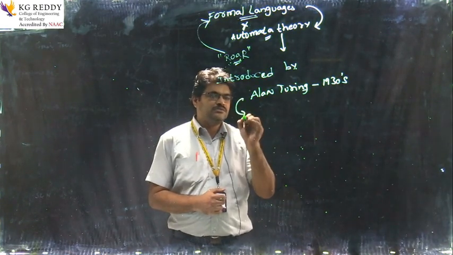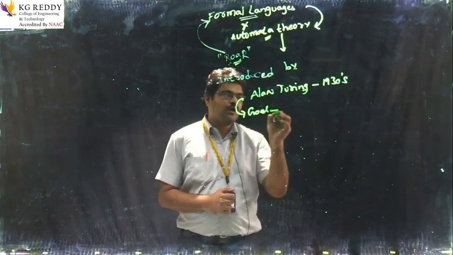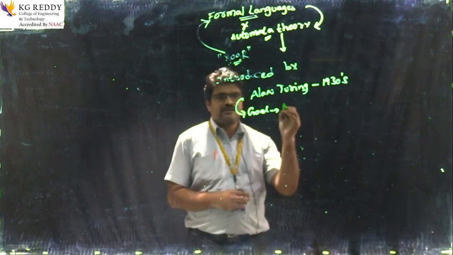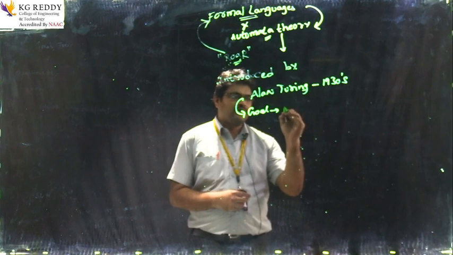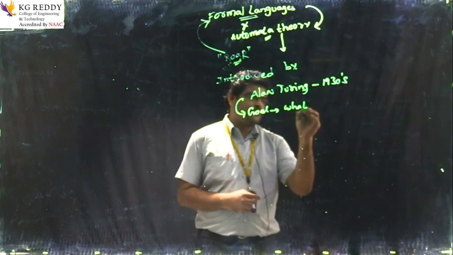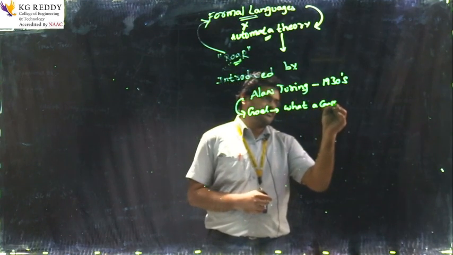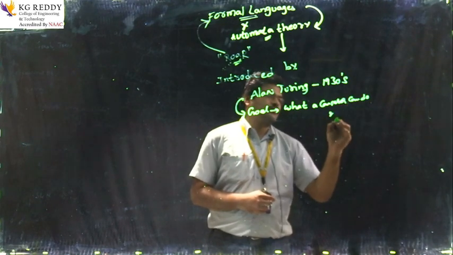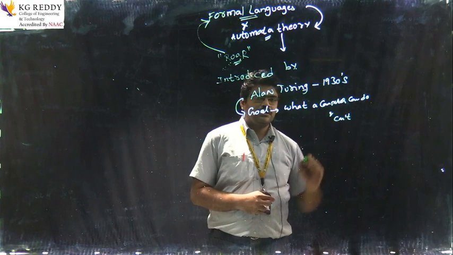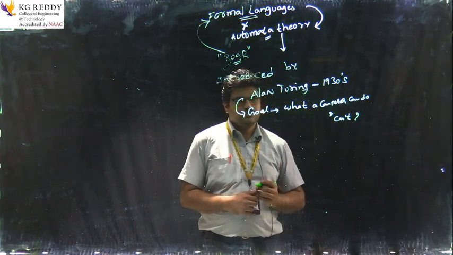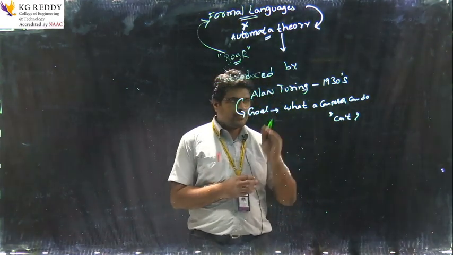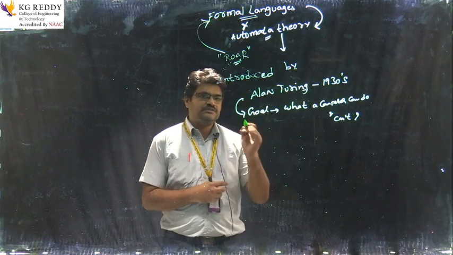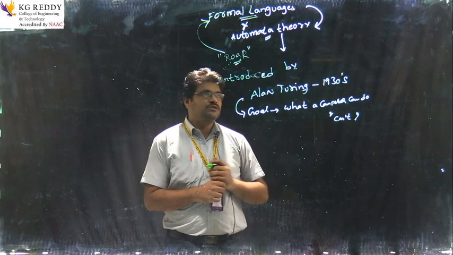Because he had one goal: he wanted to separate the working capacity of a computer, to know what a computer can do and what a computer cannot do. So for this purpose he introduced this concept.